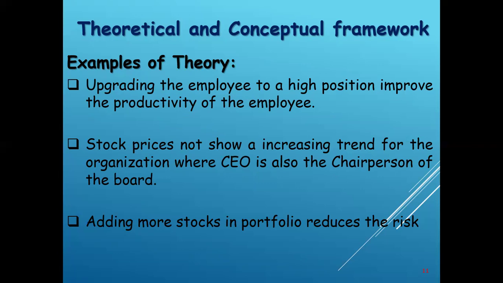It is a theory. Stock prices do not show an increasing trend for organizations where the CEO is also the chairperson of the board. Can be another theory: the CEO is a member of the board, but not the chairperson of the board.